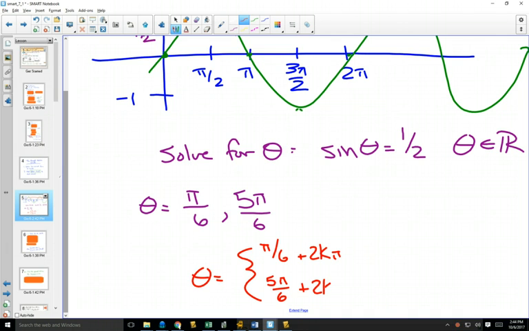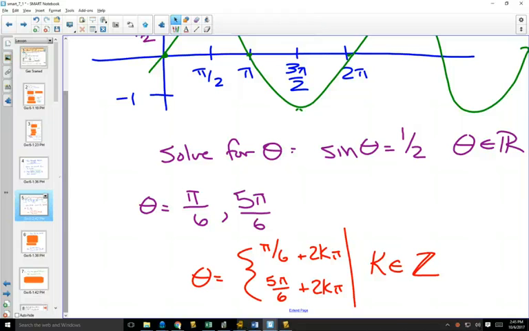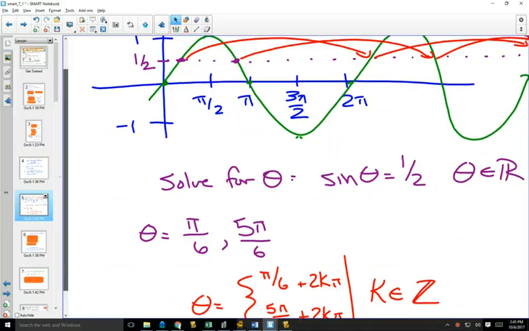This straight line just means where, or such that, k is an element of the integers. So we have two answers, and we have all the coterminal answers that go with them. So this is a simple example showing you graphically why that happens, because where it's equal to 1/2 would intersect over and over again.